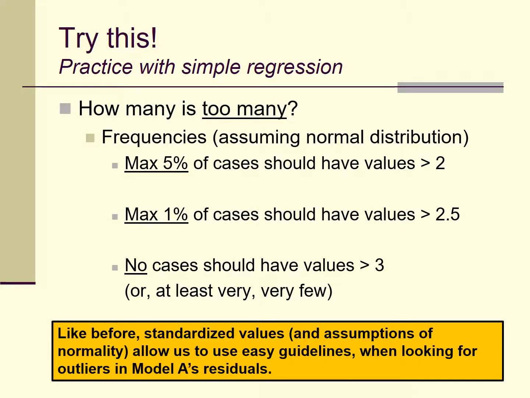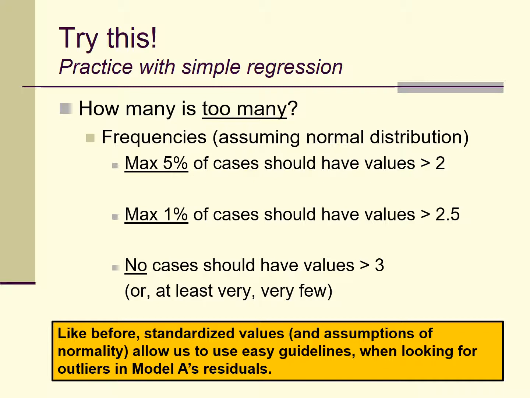Well, how many is too many? Again, assuming that our errors, our residuals, are normally distributed, and this is an assumption we make for our analyses, we shouldn't see that many cases with large absolute values for these standardized or studentized residuals. So we shouldn't see more than about 5% of our cases having standardized residuals greater than 2 or less than -2. Or even fewer cases greater than 2.5 or less than -2.5, and really no or very, very few cases that are greater than 3 or less than -3.